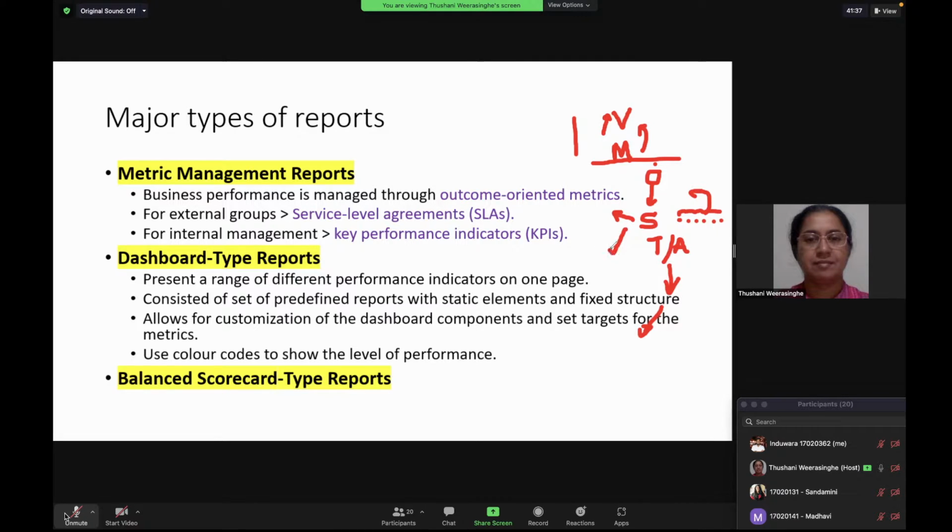If it is about teaching and learning, you need to have a set of activities to be conducted during the year. Let's say the objective would be to increase the pass rate.